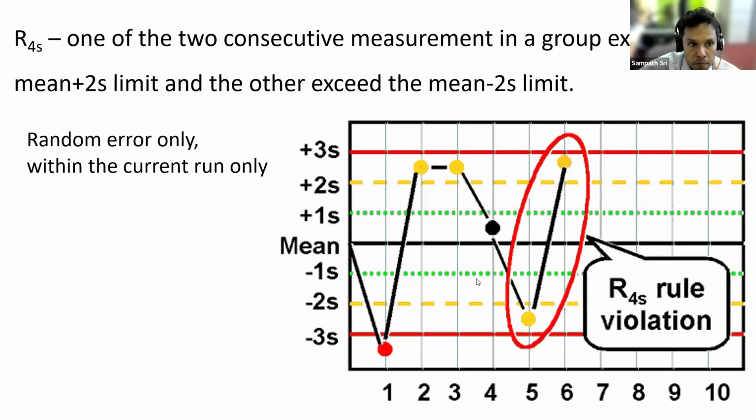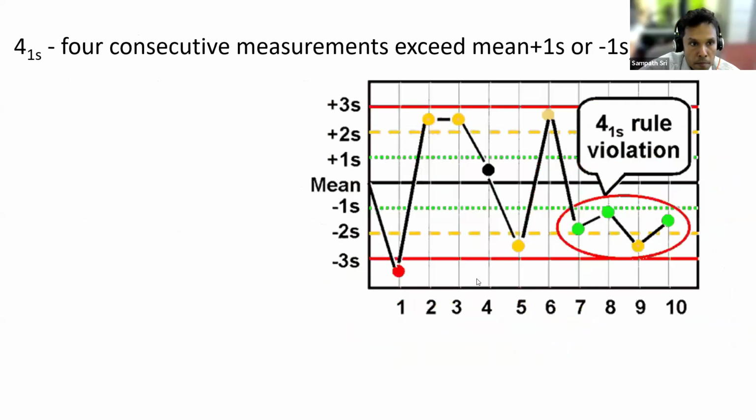This is also a rejecting rule, and also indicating a random error. The next rule is 4-1S, which means 4 of our results lie beyond 1SD. This is also indicating a systematic error. We have to reject the run if we see this rule violation.